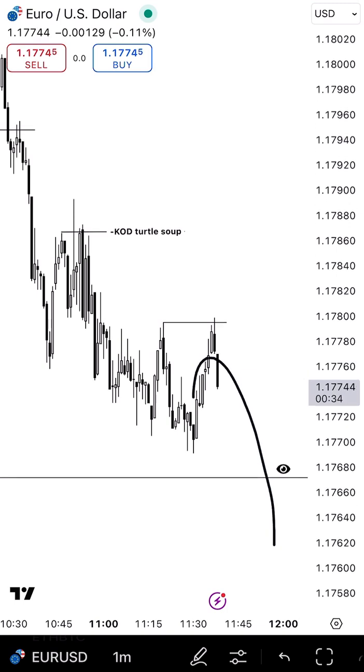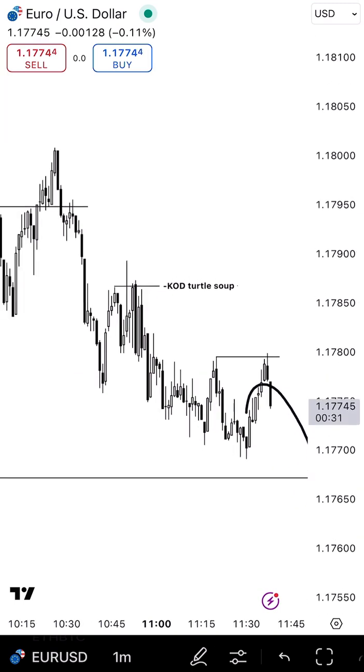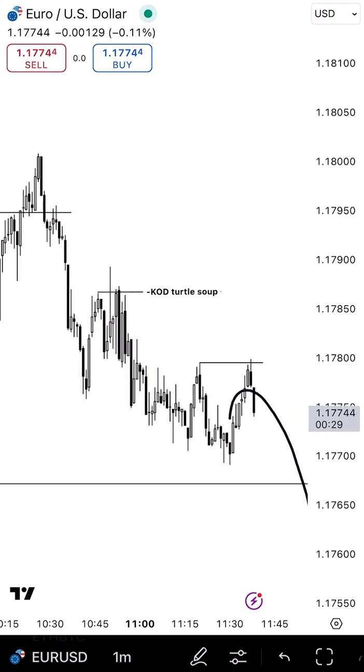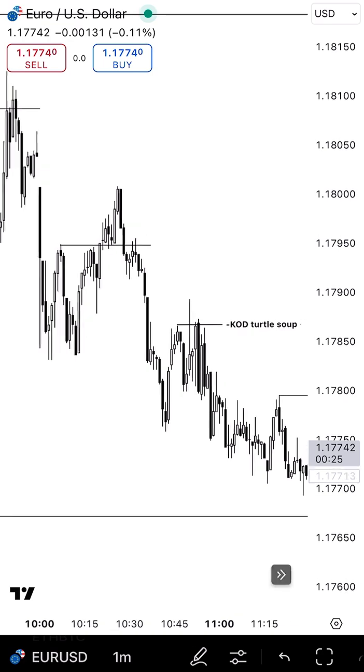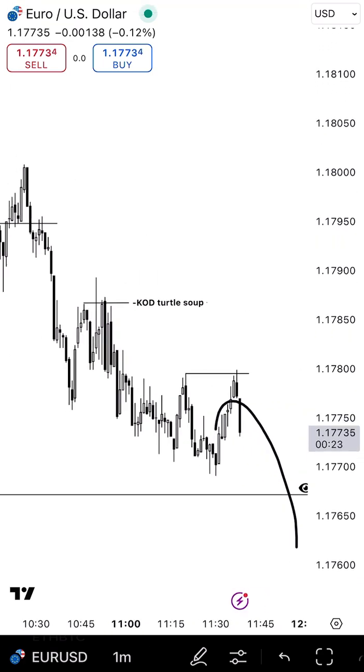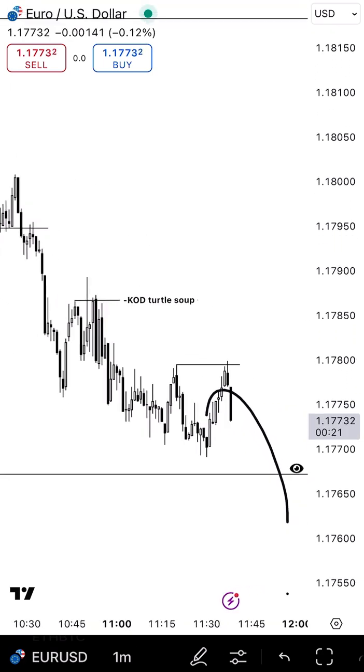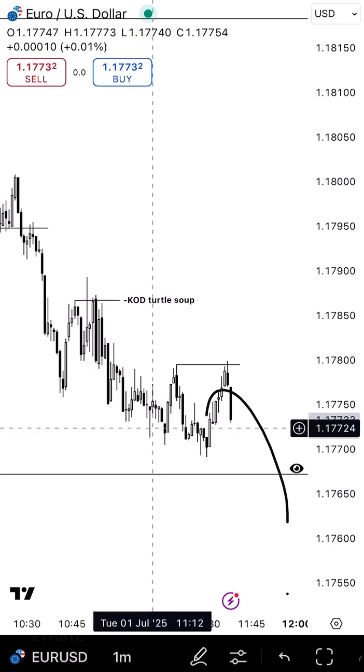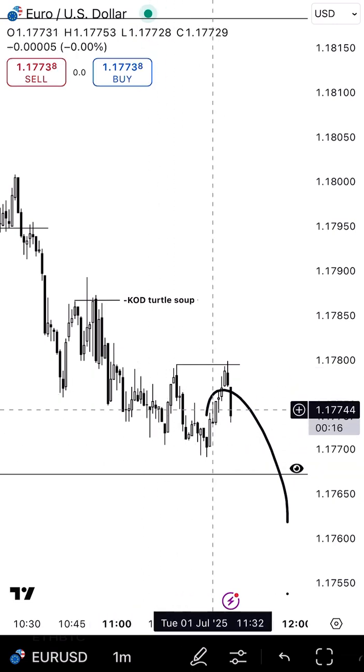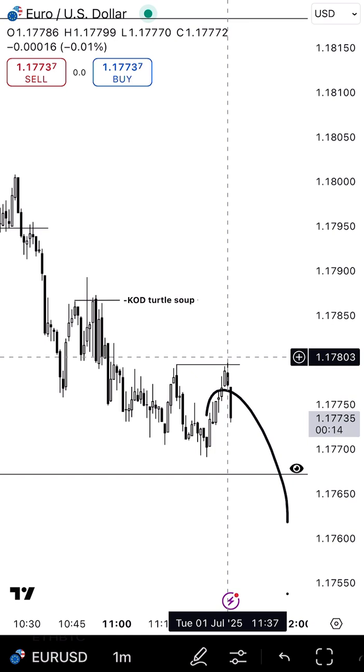You can enter whenever you want, but there are certain points in time and price where if you enter, you get a more smooth entry, smooth sailing, right? What did I say? Range, chopping around here, going up to go low.